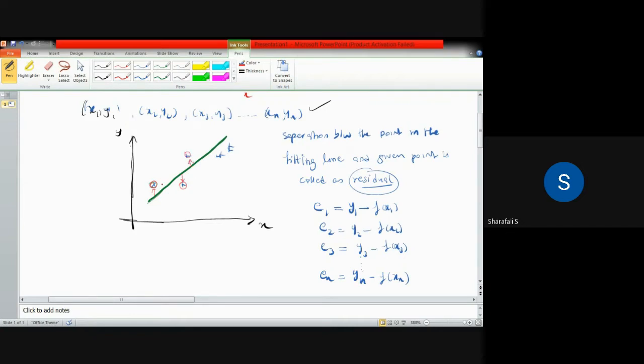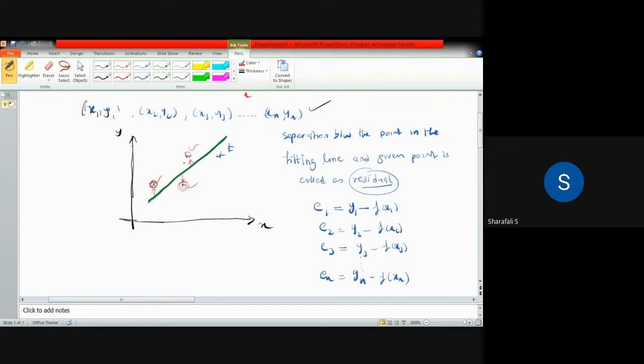So if you consider all these given data points and give equal importance to all these values, then we have to consider the square of these values, because this will be negative as compared to this line, and this will be positive as compared to the line. We cannot treat them as they are, because one is positive and the other one is negative.